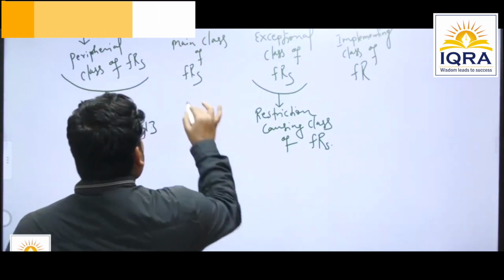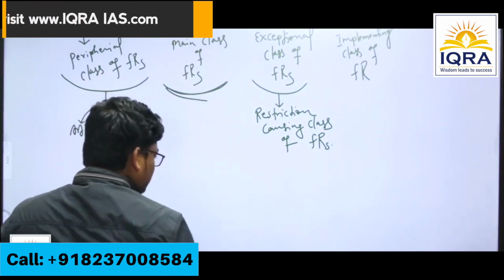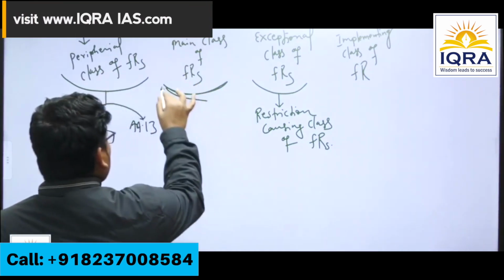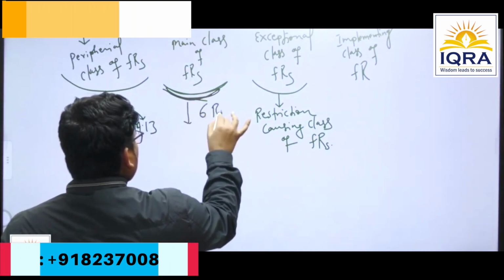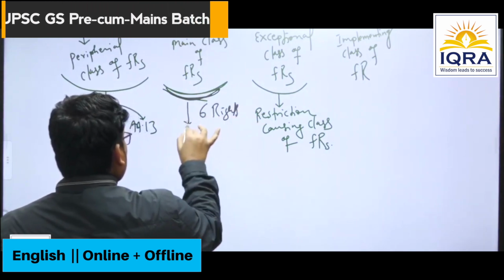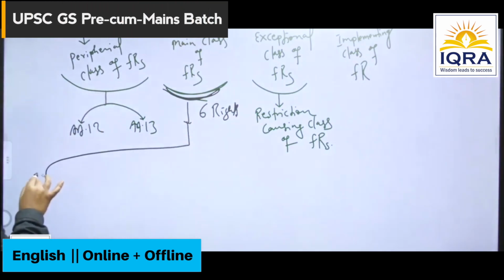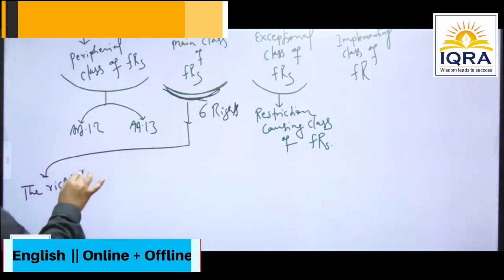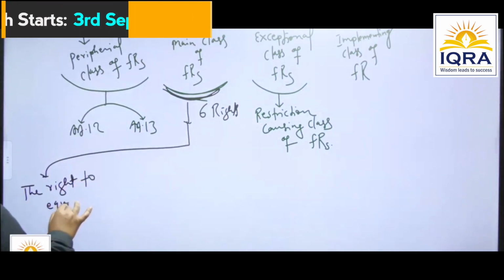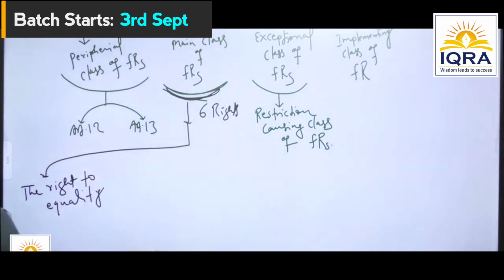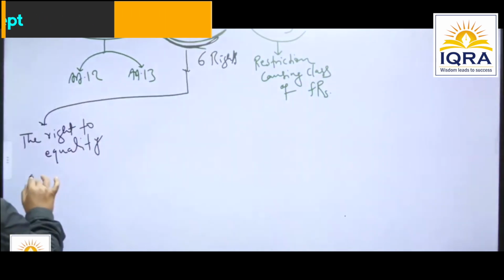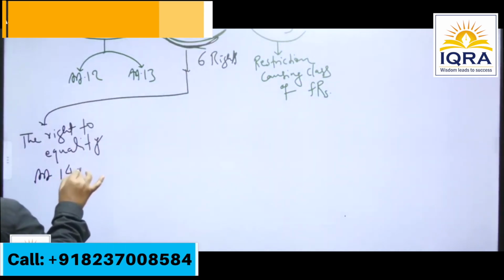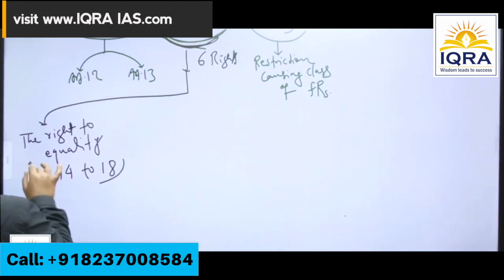Under the main class of fundamental rights, you will have the reference of a set of 6 rights. What are they? One is the right to equality, mentioned via articles 14 to 18.